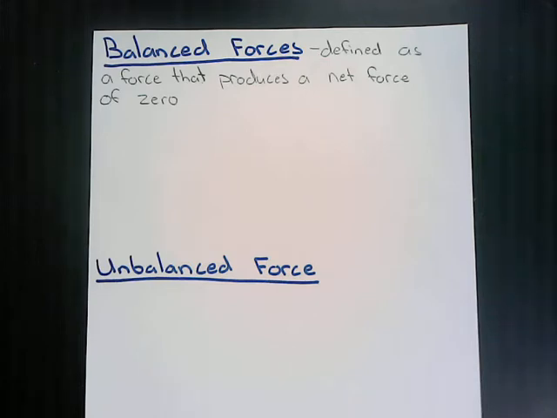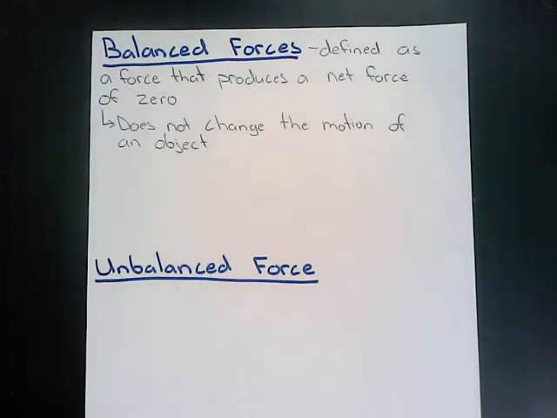Now, an important point here is because there's a net force of 0, this does not change the motion of an object. What that ultimately means for us is that it does not cause an object at rest to start moving.